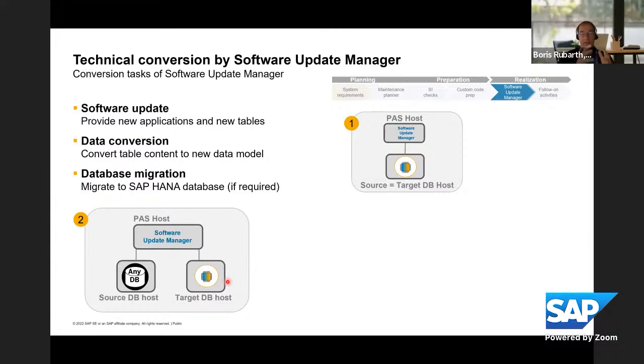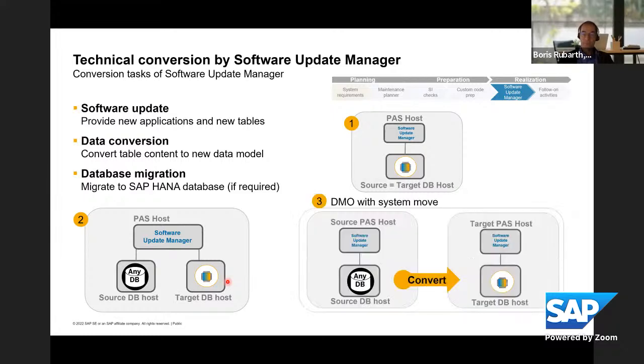As we are in this discussion of the architecture view, and we call this an in-place procedure, it's worth mentioning that there is a separate case where the software update manager offers what we call DMO with system move. DMO with system move means we do not only change the database host if the source is not yet HANA, but in the project, we may have good reasons to change the application server level as well.